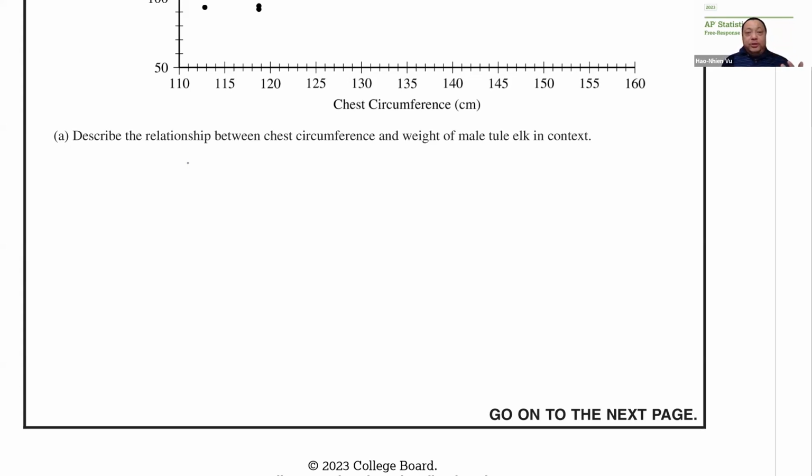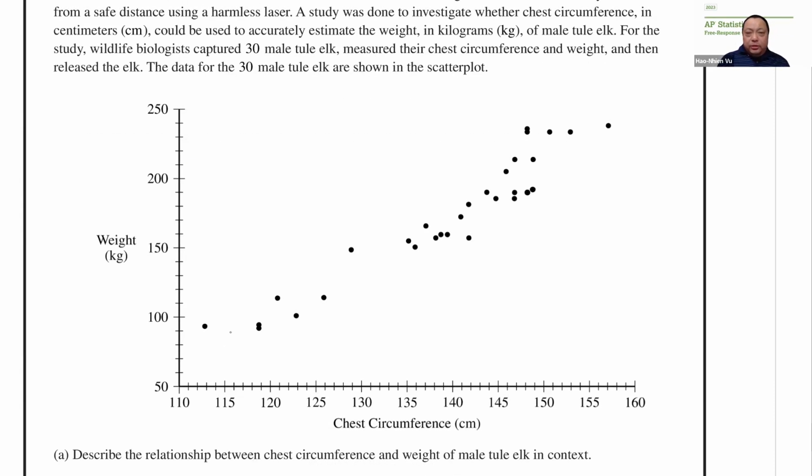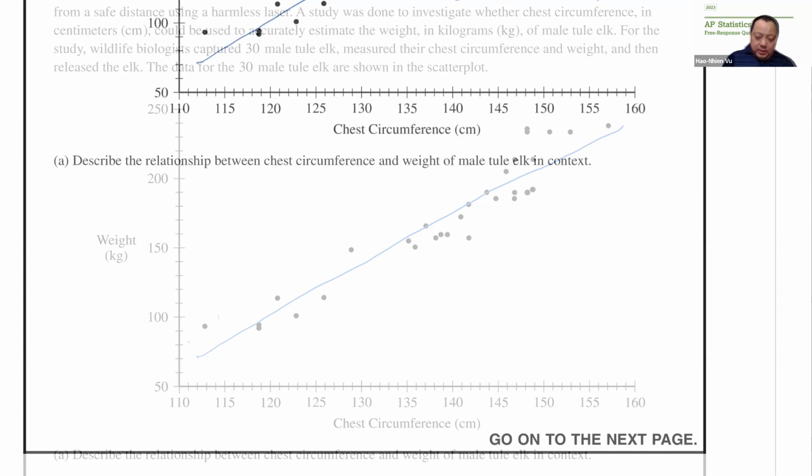And the fourth thing is whether there are any special points, such as outliers or influential points. This looked linear, positive, and it's not quite strong. And the last thing I would look for is any influential points or outliers, and I don't see anything.